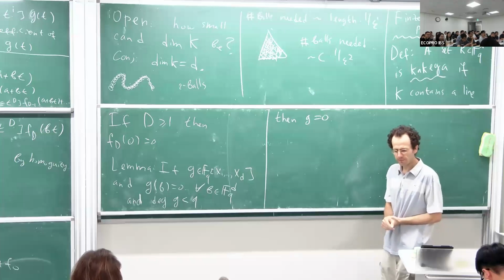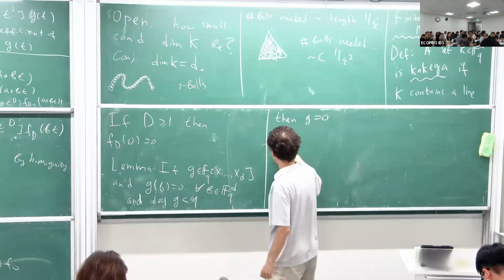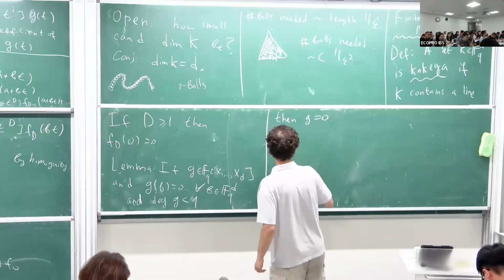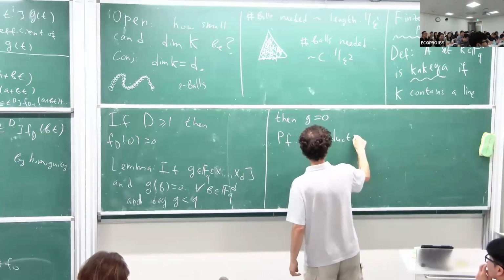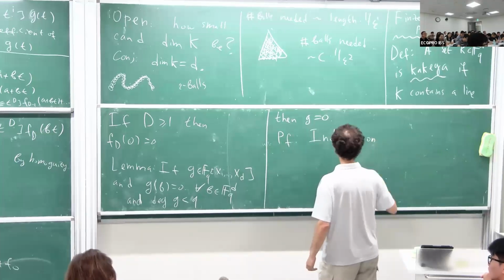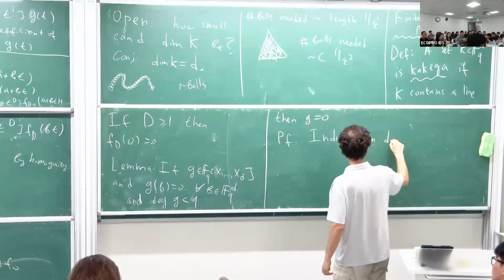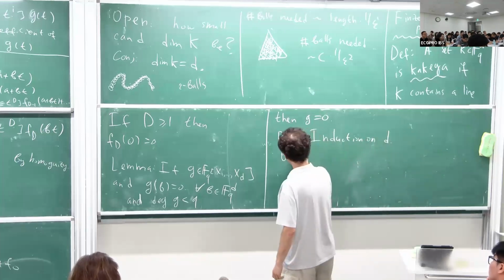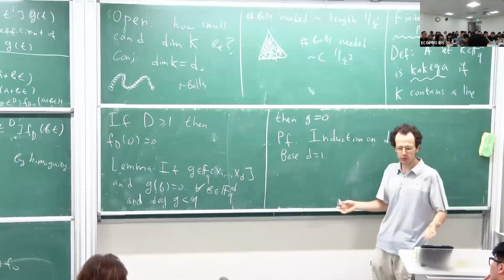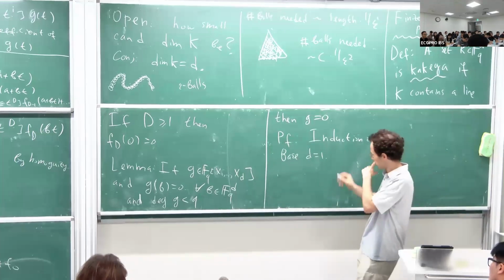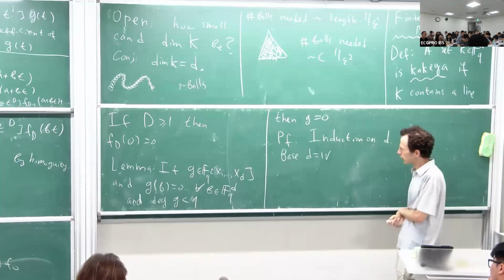Okay, so let's prove this by induction on the dimension. The base case d equals 1 is just the usual one variable case. We're all familiar with it, so I won't dwell on that.